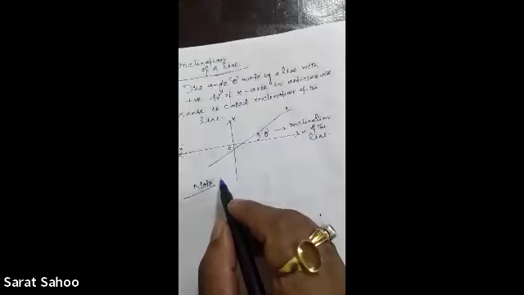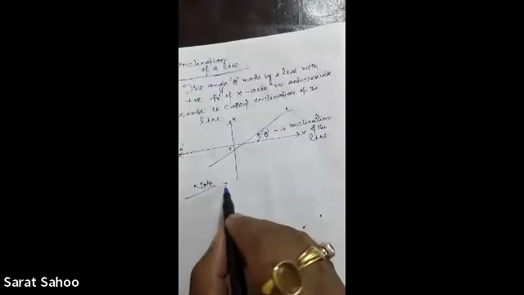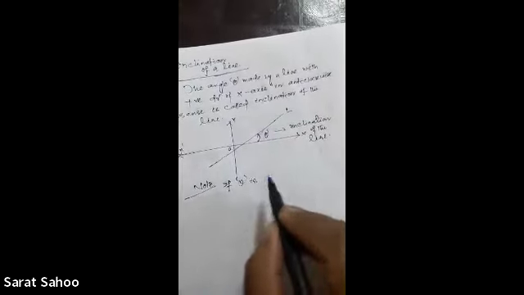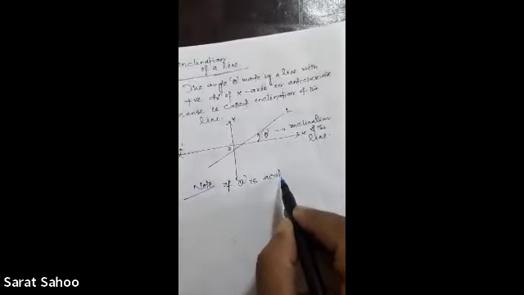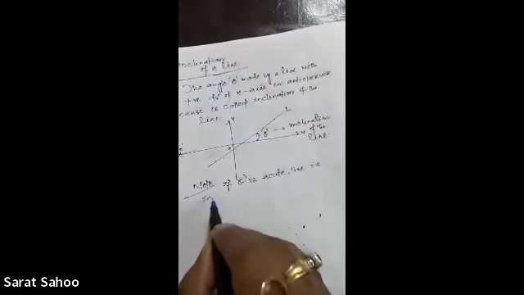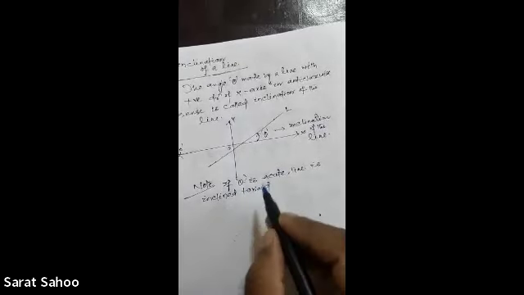If theta is acute, the line is inclined towards the positive direction of x-axis.